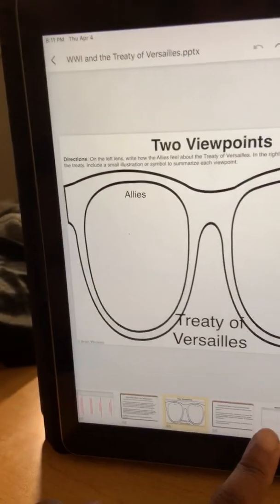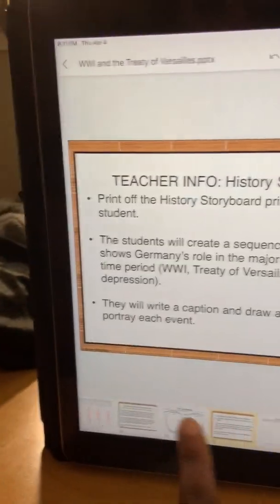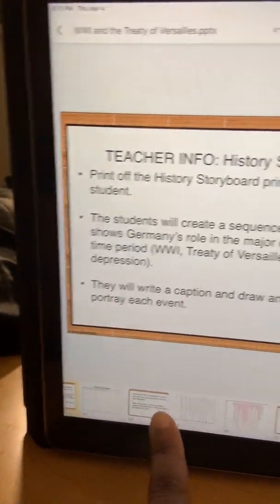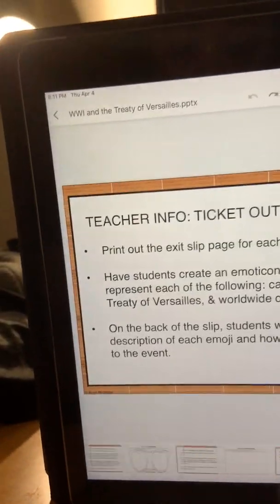So here's the 2 viewpoints assignment, and the comprehension check. Basically it's like an end of lesson assessment where students answer questions such as, when did World War I begin, and information that was presented on the PowerPoint.